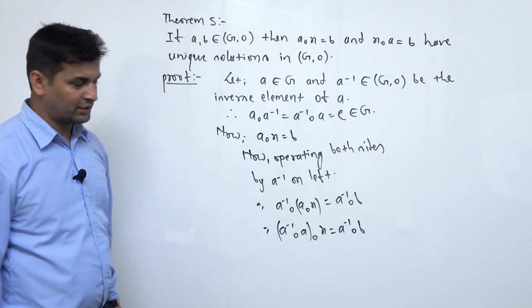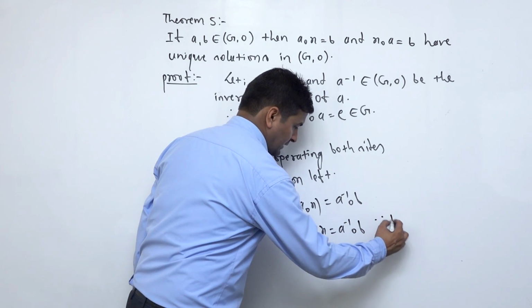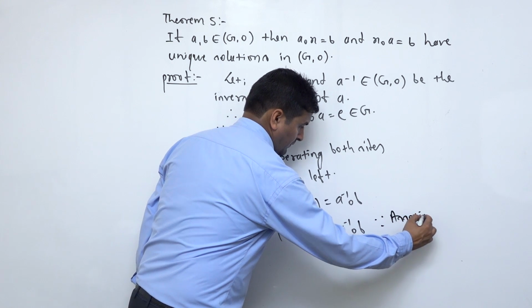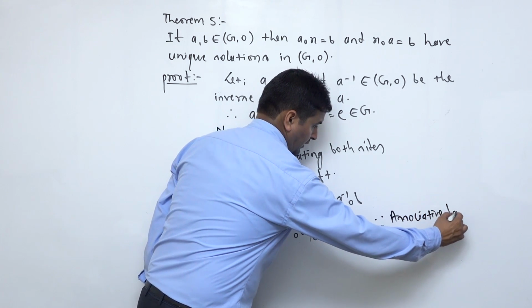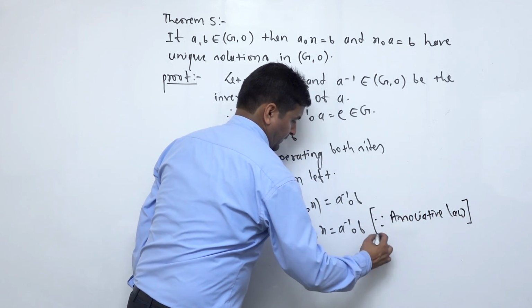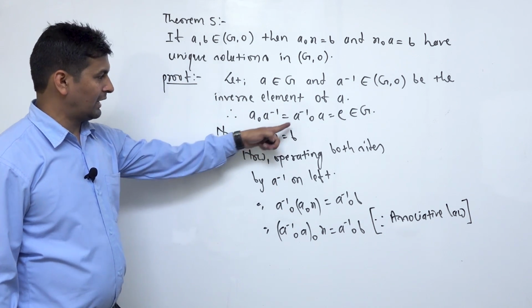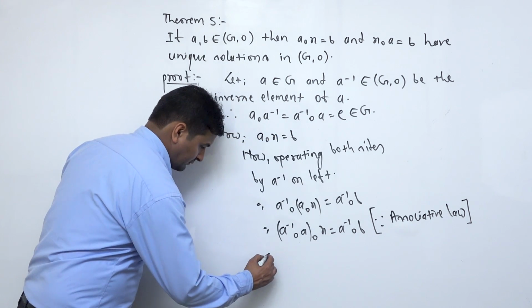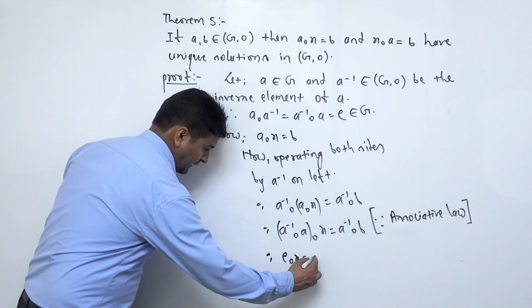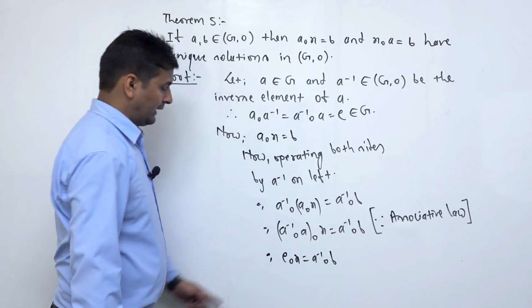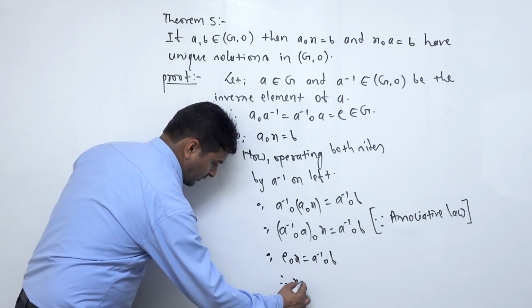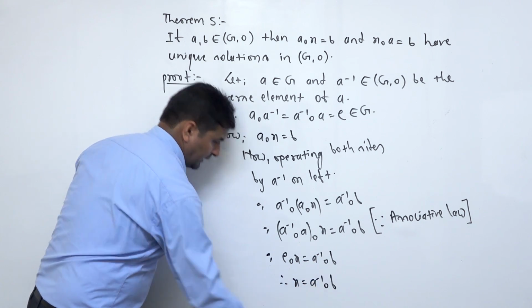We used here associative law. Now a inverse not a means e, or e not x equals a inverse not b. e not x is x, therefore x equals a inverse not b.